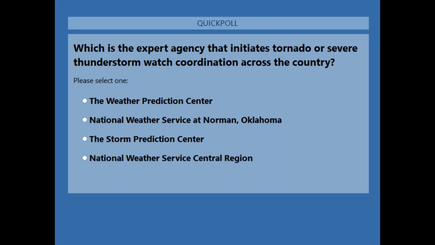All right, so to outline how that works, we have instant message type chats that we go over on a regular basis, where we ping our neighboring offices like Albany, Buffalo, or Gray about various hazards. Or if we are dealing with larger national scale issues, like with the Storm Prediction Center and those thunderstorm watches, or hurricane type situations, we usually have set coordination calls for those specific events.